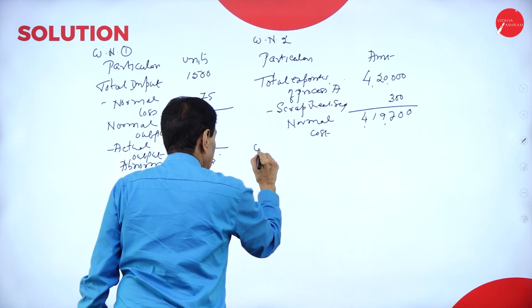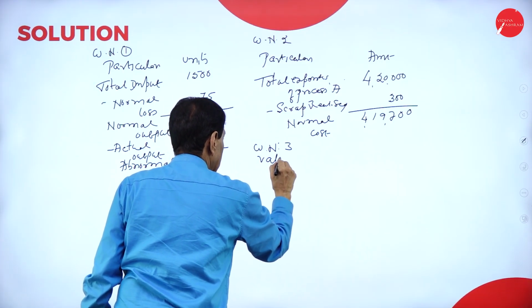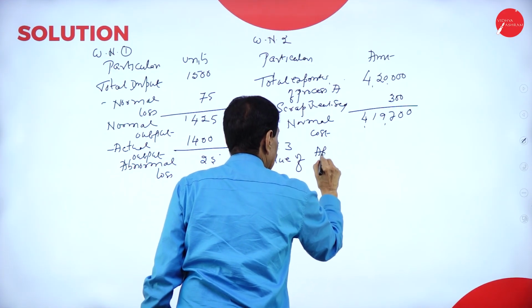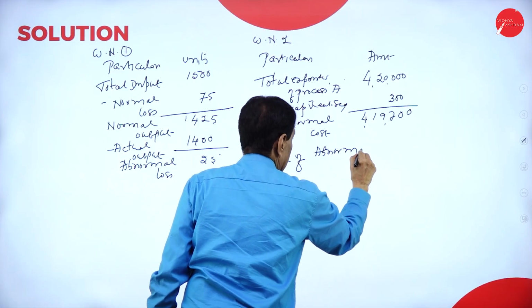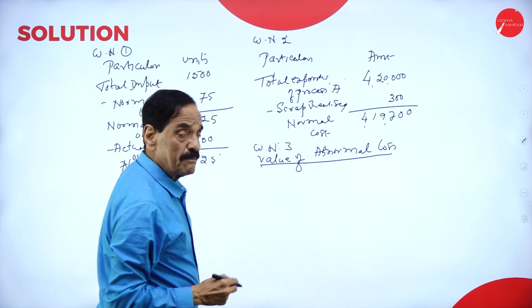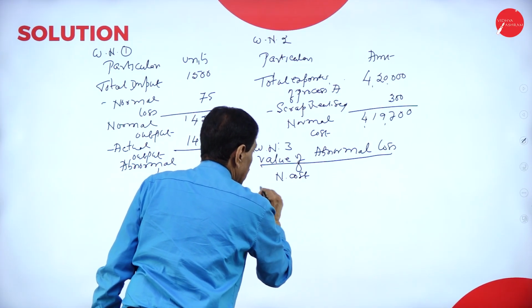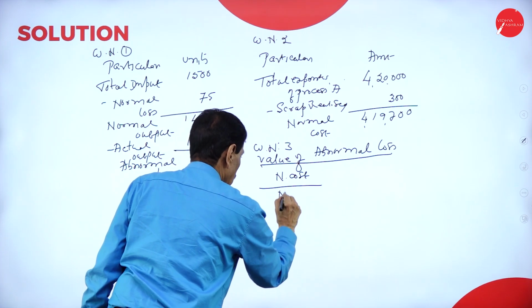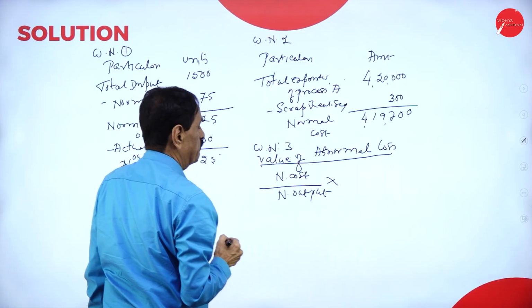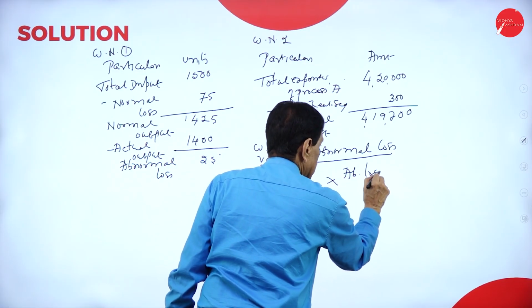Working note number 3. Value of abnormal loss. Formula: normal cost divided by normal output multiplied by abnormal loss units.